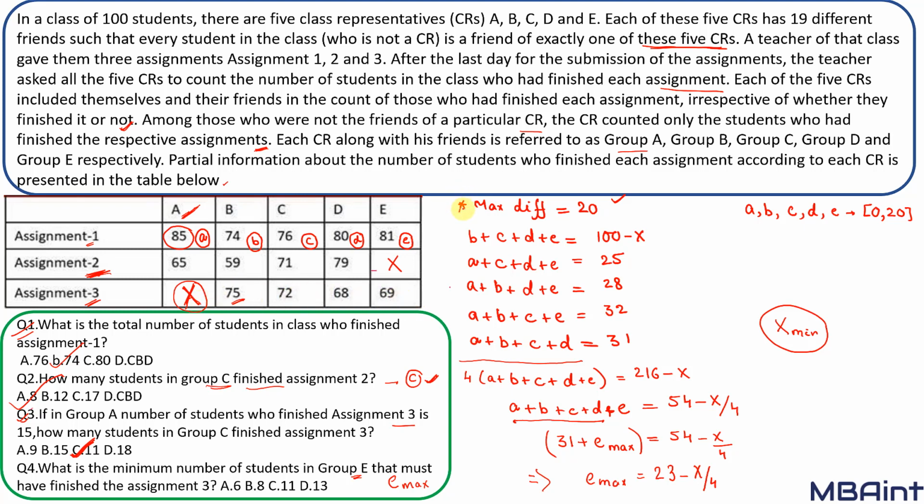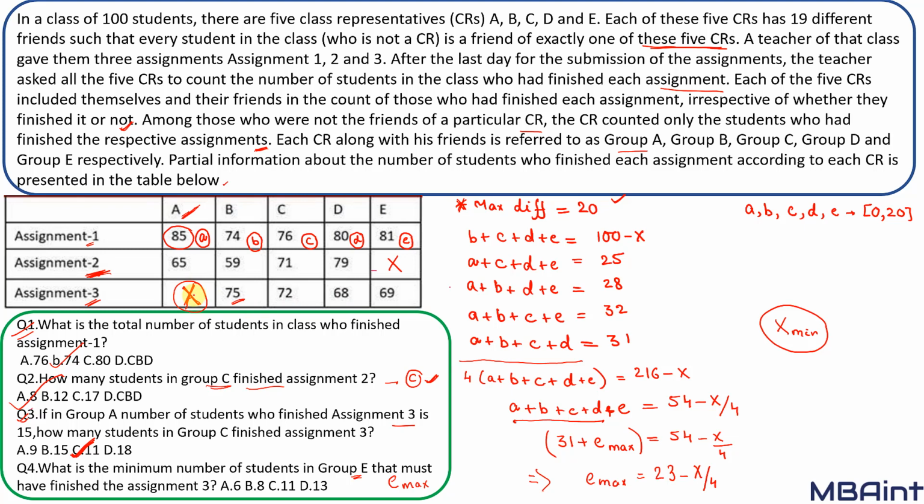I have explained initially that the maximum difference would be 20, because each CR has space to mess up within their own group, and each group contains 20 numbers. So the maximum difference between the numbers that he counts is actually 20. That is the difference that can be created.